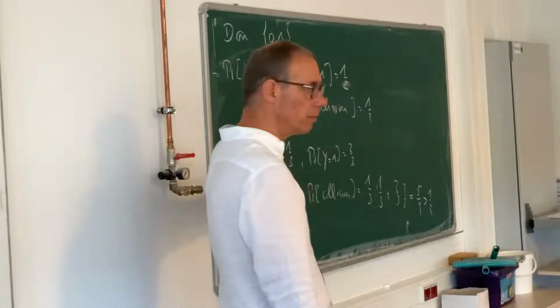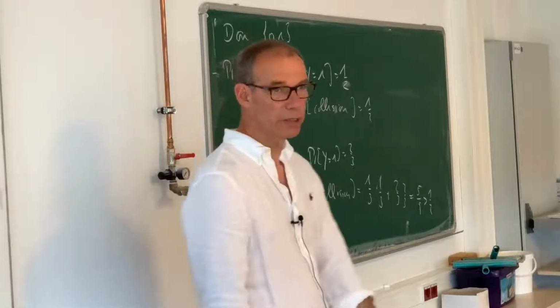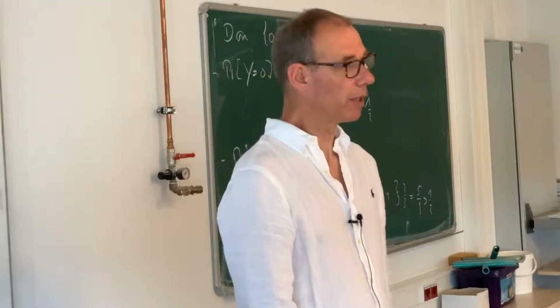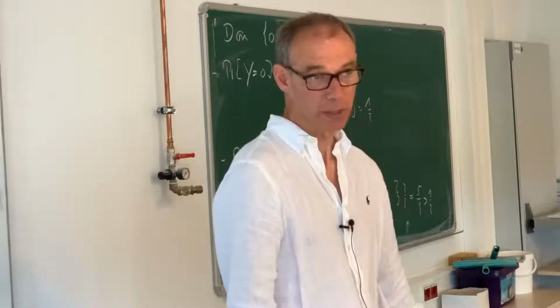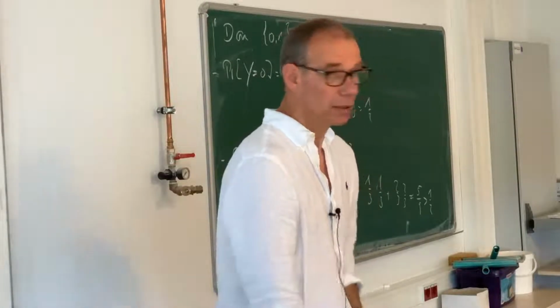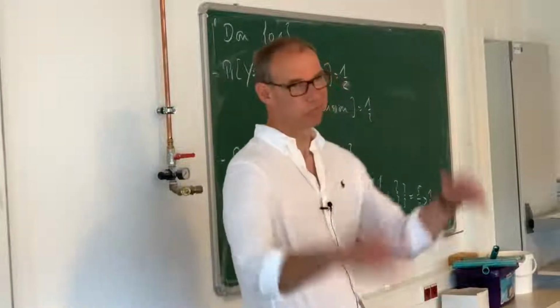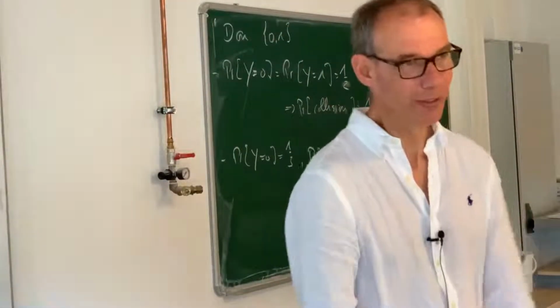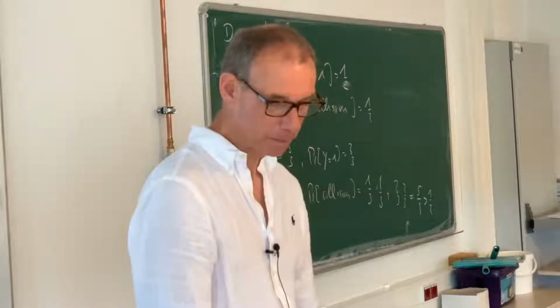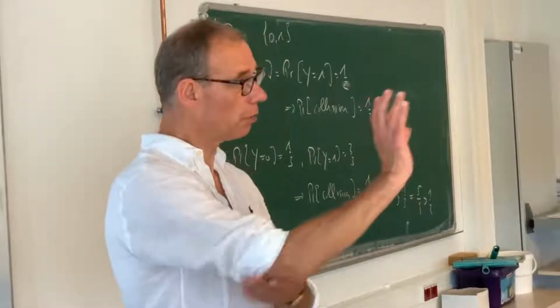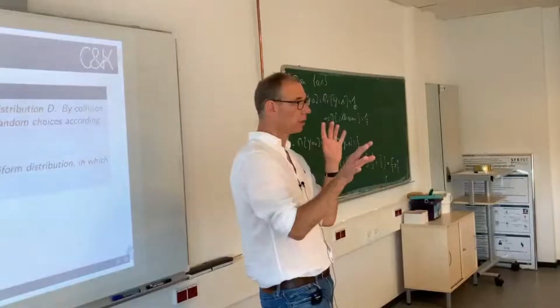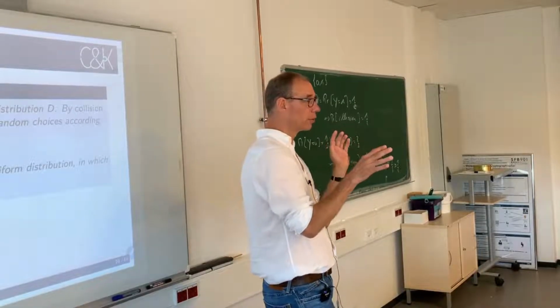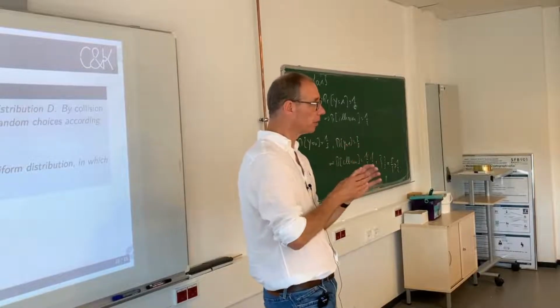If I told you this is my distribution, and you would have to guess which element I pick, you would guess 1, because with 2/3 it's a better choice. And here, well, toss a coin, it doesn't really matter. So for collisions, uniform is the worst distribution for the finder, the one that minimizes the collision probability.